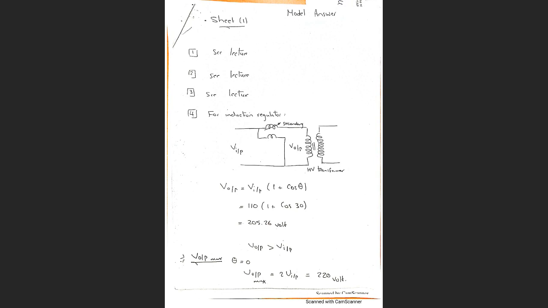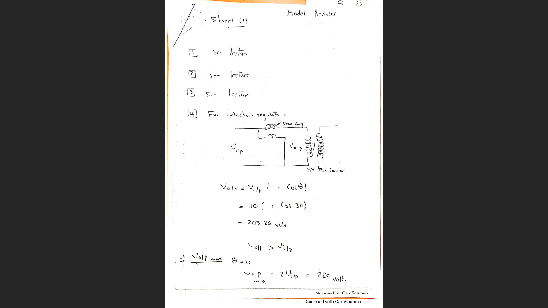And when will this be maximum? See here, input and output are related with cosine. As per the mathematical expressions, we know that cosine will be maximum when theta is 0. Why? Because cosine 0 is 1, and it will be minimum, that is 0, when theta is 90.